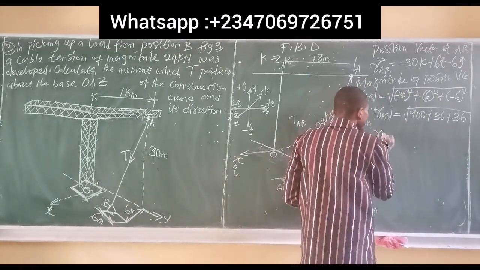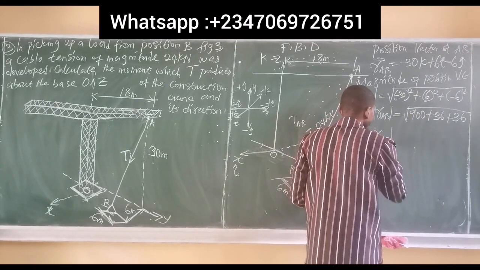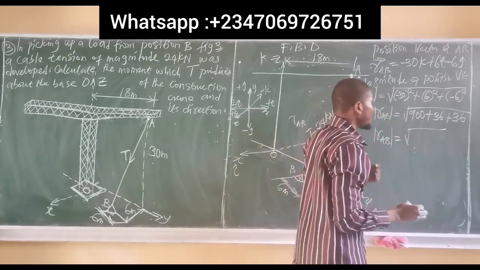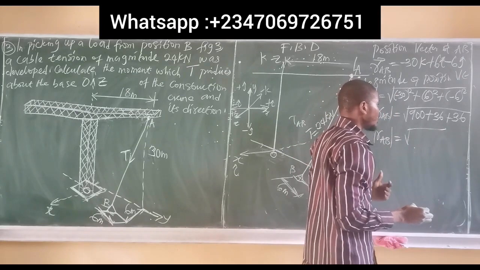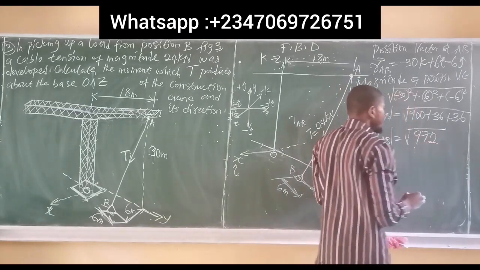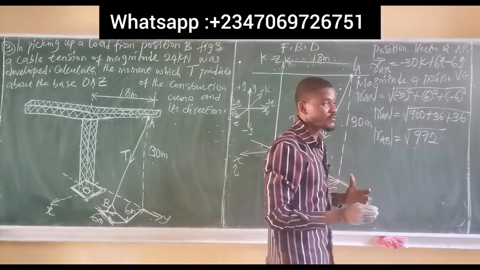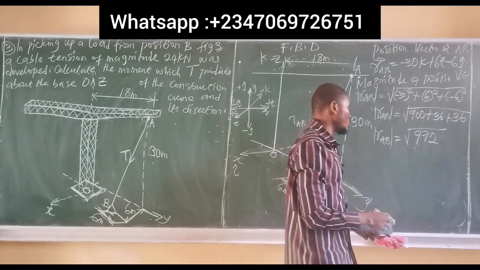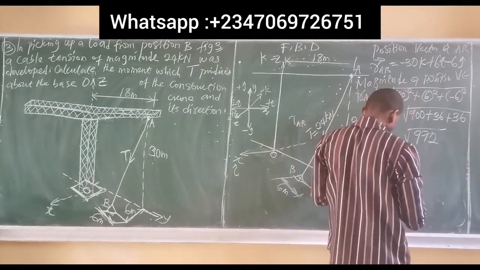Okay, so RAB is now equal to the square root of, let's add all of them together, 900 plus 36 plus 36 gives us 972. So we need to now find the square root of 972. That gives us the magnitude of that position vector. So let's find the square root of 972.